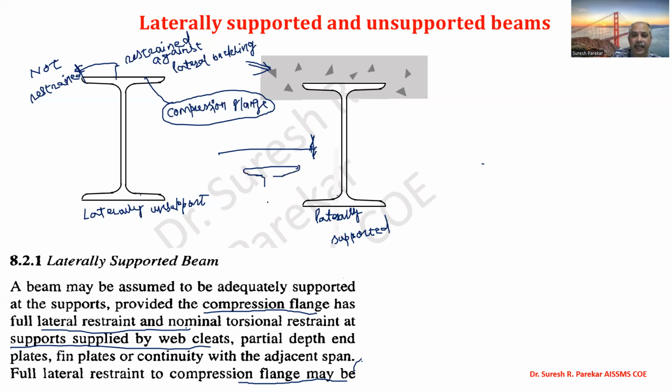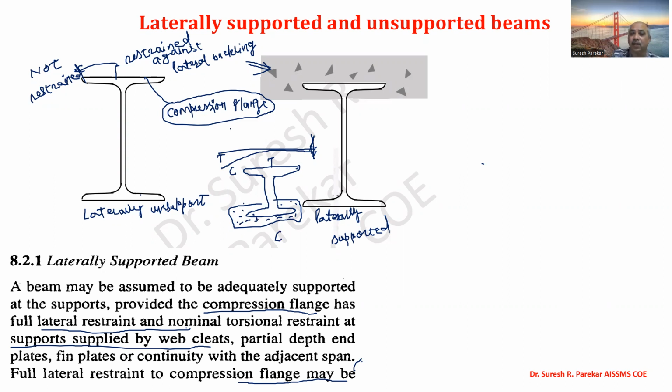If I have a cantilever beam, my bottom flange should be laterally restrained, because we have top in tension and bottom in compression. This beam is going to deflect in this fashion. So compression bottom, tension top, and we have to restrain the bottom flange.